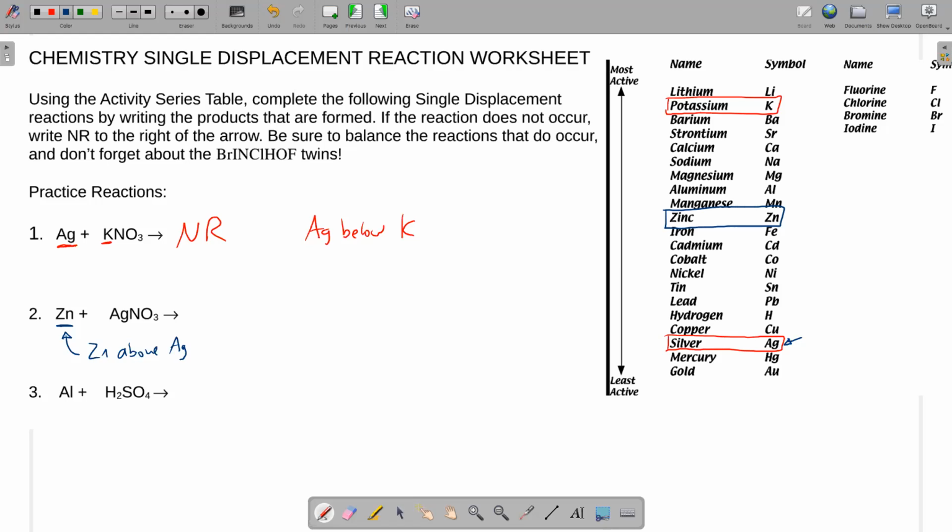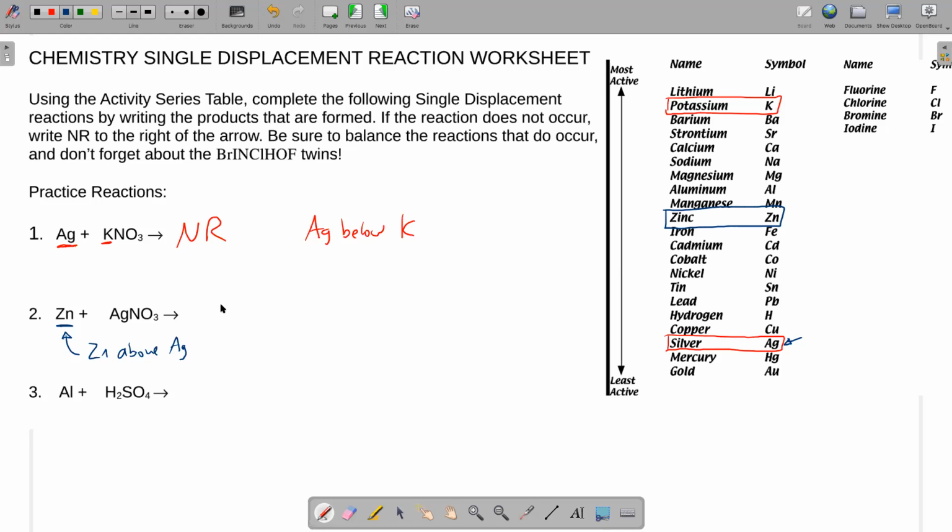Yeah, I guess we didn't include zinc on the ion chart, so you might have to look it up.